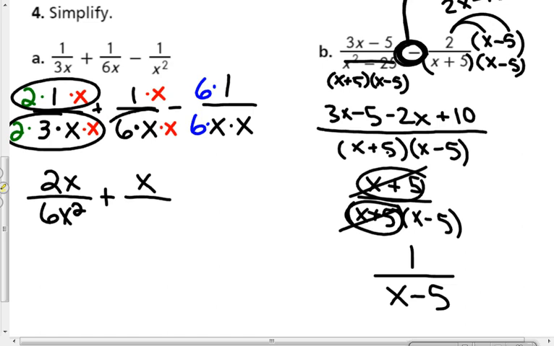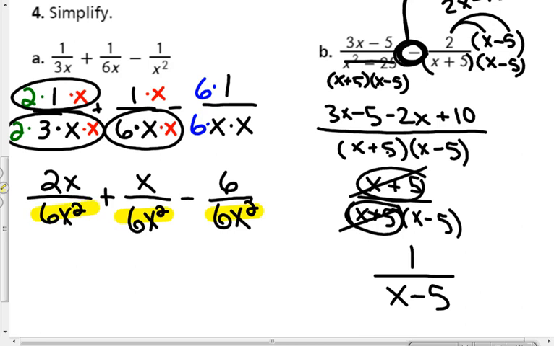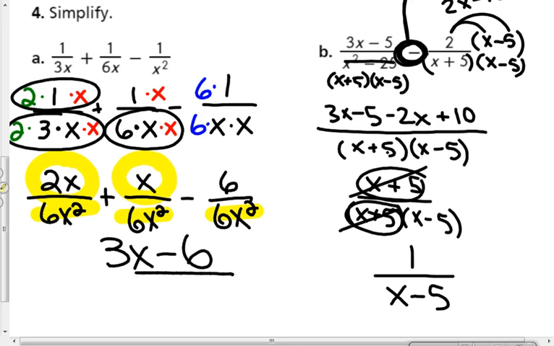X over 6x squared minus, what's 6 times 1? 6 over 6x squared. Do we have a common denominator? Say yes. Good. What's 2x plus x? 3x minus 6 over 6x squared.